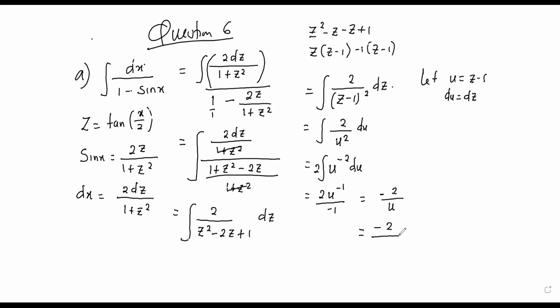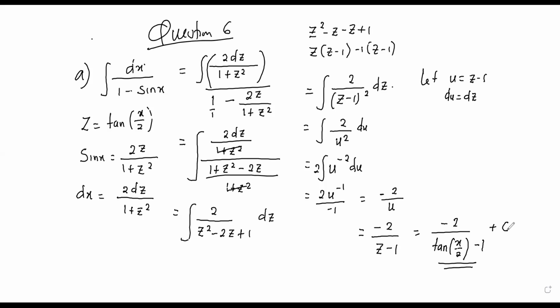Our u is z minus 1, and our z is tan x over 2. So the integral is negative 2 over tan of x over 2 minus 1, plus c. That's the integral there.